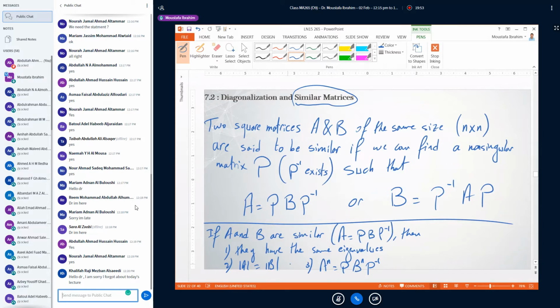And guys, why is the determinant of A equal to the determinant of B? Too simply, because, look, let's check the determinant of A. The determinant of A is equal to the determinant of P B P^-1. If we apply properties of determinant, we split it: determinant of P multiplied by determinant of B multiplied by determinant of P inverse, correct?